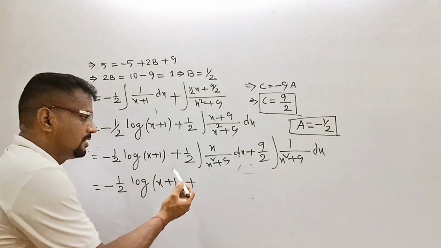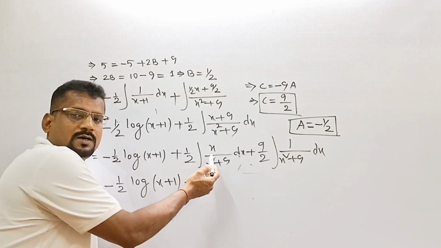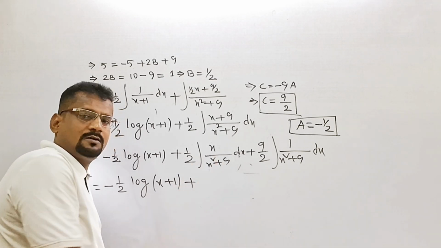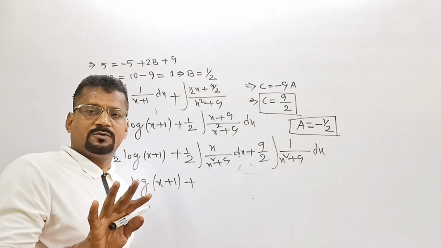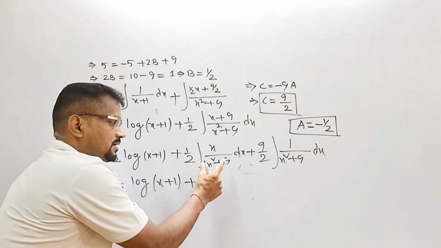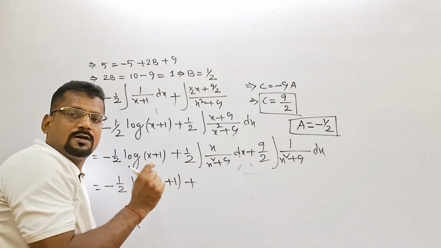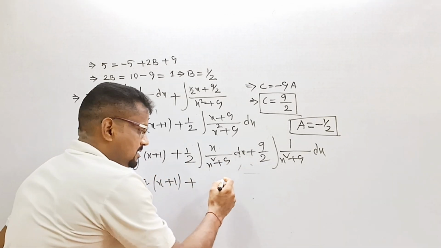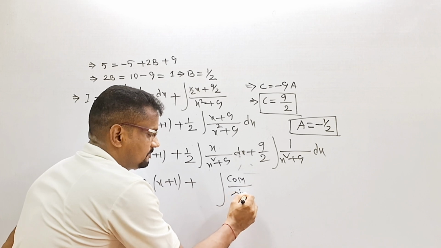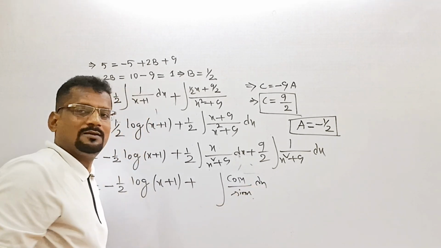Now you see, the derivative of this is what? Twice x. As you know, if the derivative of the denominator is the numerator, then the integral will be log of the denominator. One rule you should know: the integration of cos x by sin x dx. What is the value of this?